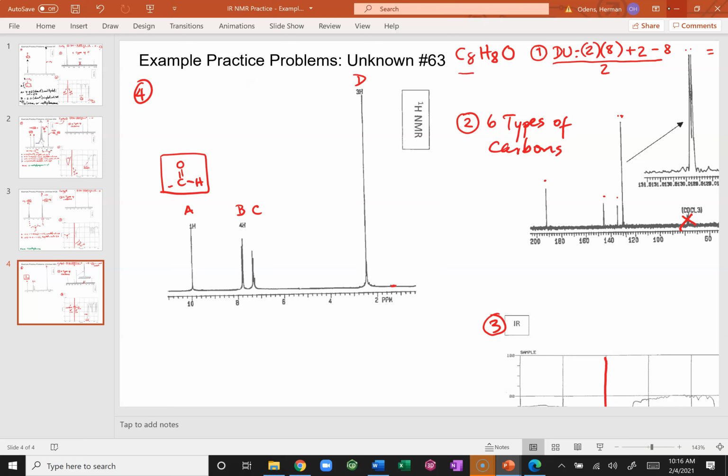According to this pattern, are we dealing with an ortho, meta, or para? Para is the easiest one to spot. The coolest of all of them, of course, is the meta, because it has a singlet, it has doublets, it has triplets, it has everything. And then you have the ortho. The ortho is a little more confusing. But the para is the easiest one to spot.